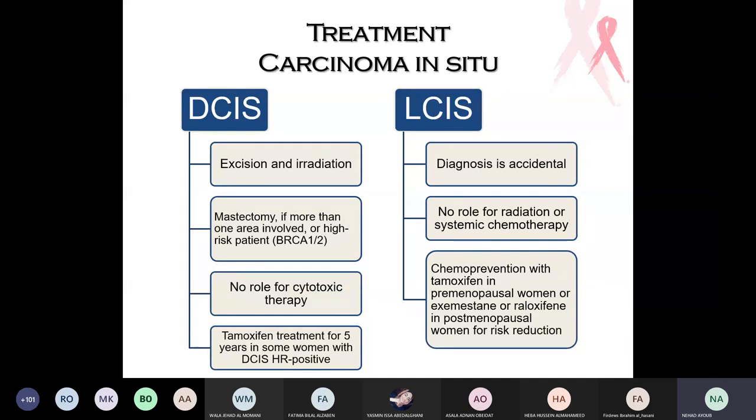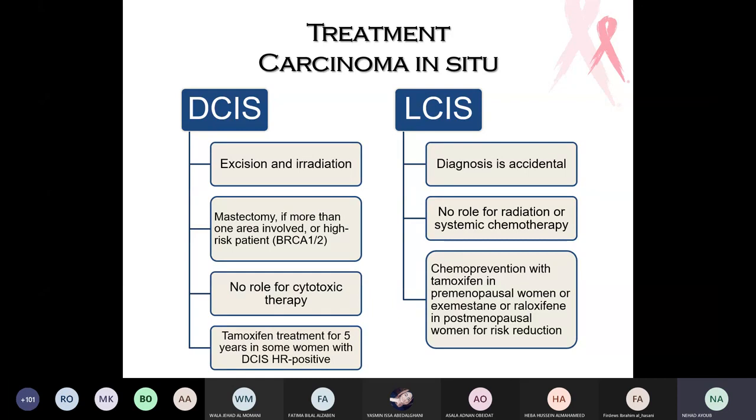For this patient, we simply do lumpectomy, we remove that part of the breast that contains that mass or that cancer cell. We can sometimes irradiate, and with carcinoma in situ, we do not give systemic cytotoxic chemotherapy. Okay, why? Because the cancer cells did not invade through the duct or the lobule.